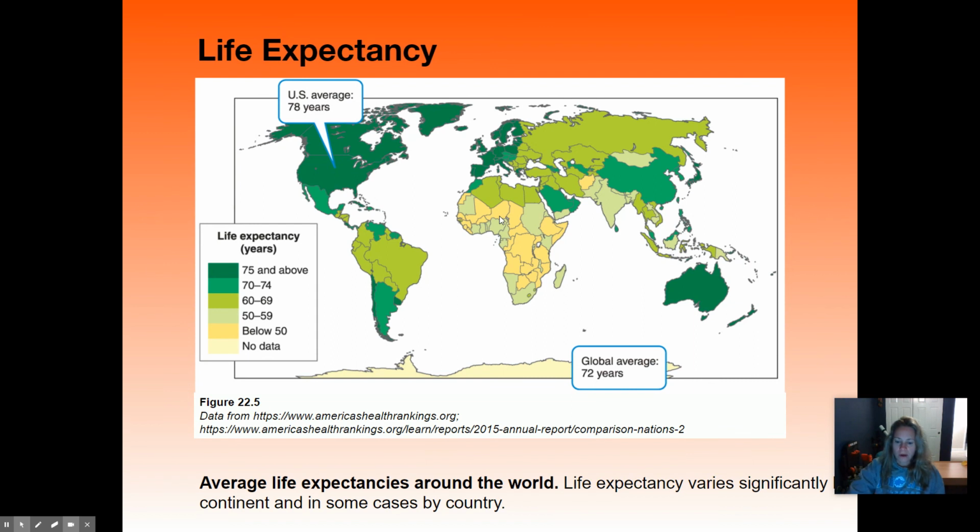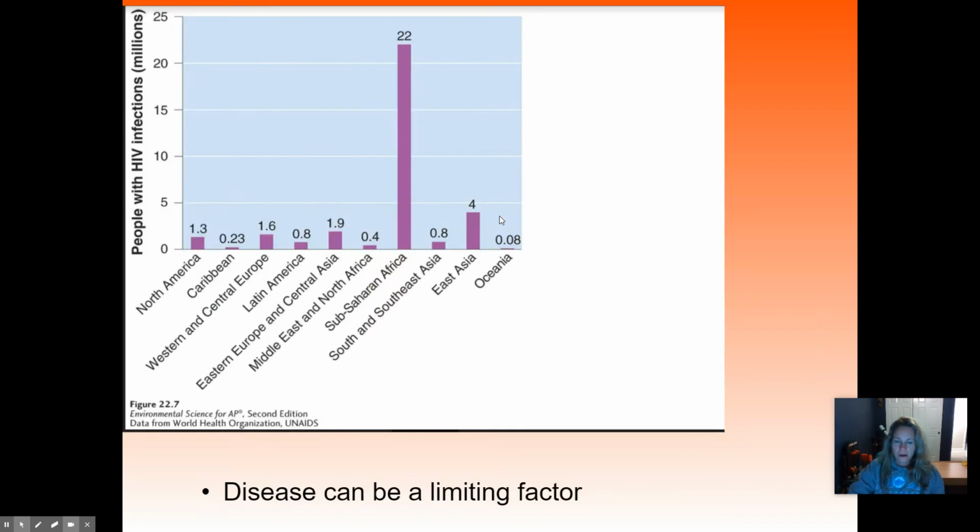And so that correlates with a high infection rate of a disease that causes mortality. So that's definitely a limiting factor here. It's not really a limiting factor anywhere else, but definitely in sub-Saharan Africa, just because of lack of healthcare and lack of proper information, so education for the people that live there.